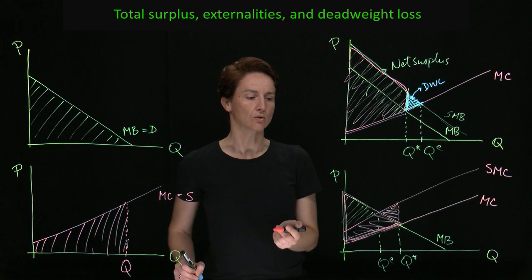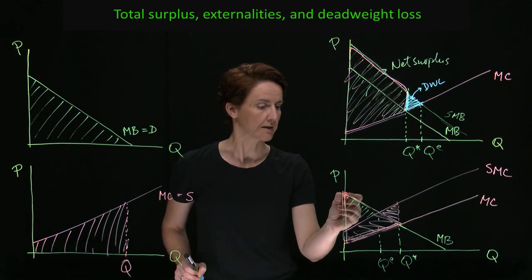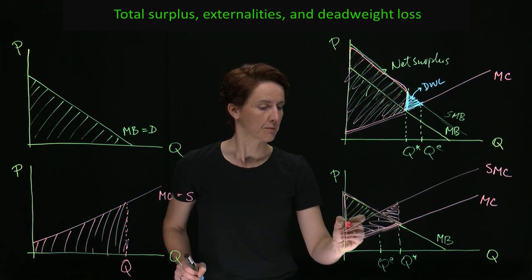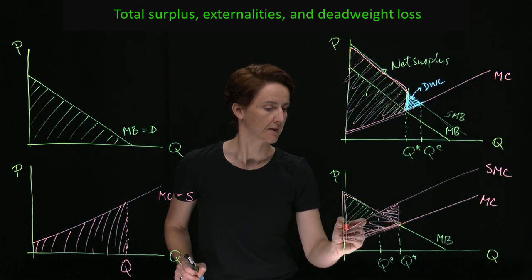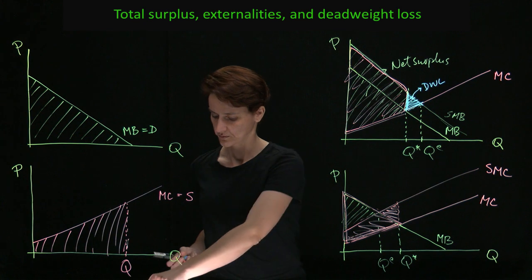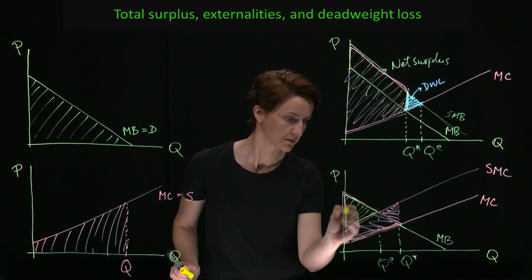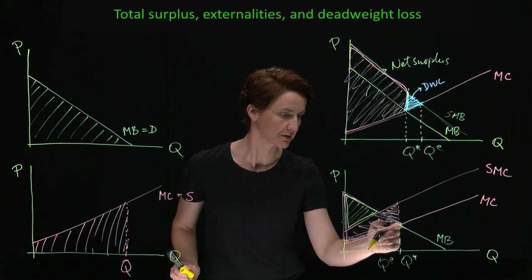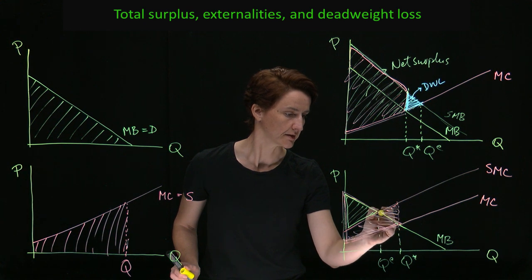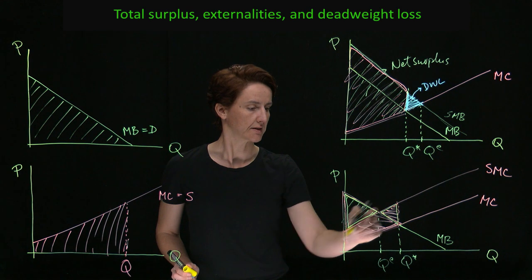So the actual total surplus in the market, when we take into account external effects as well, will be this triangle, that's producers and consumers in this market, minus this area. So that actually comes up to the smaller triangle, right? Because we're taking out this area, minus this. So total surplus is this area minus this.